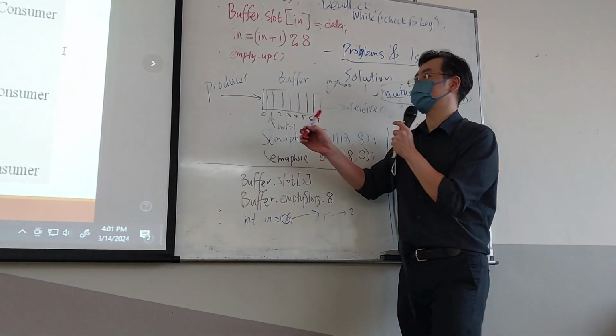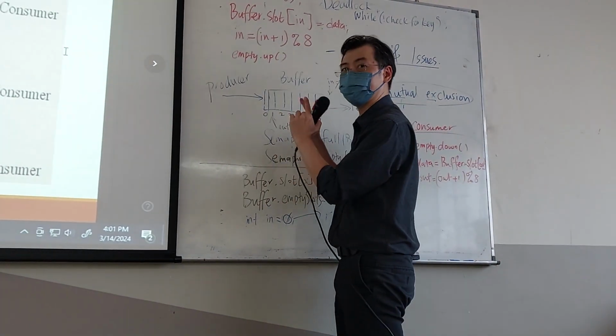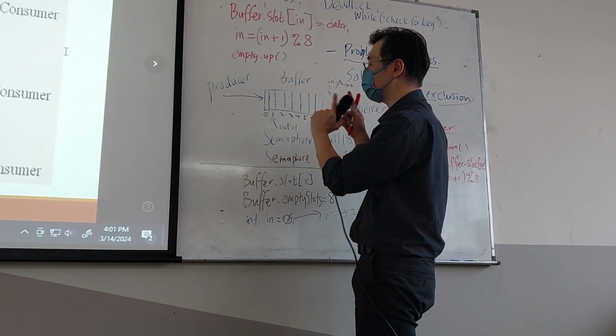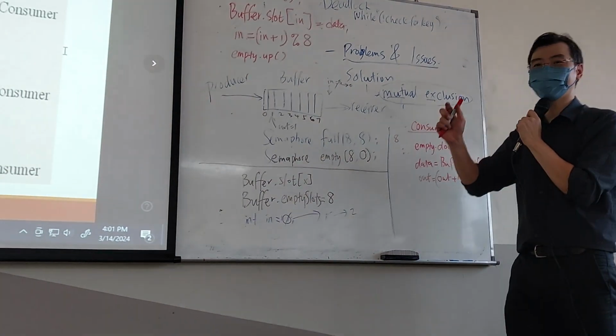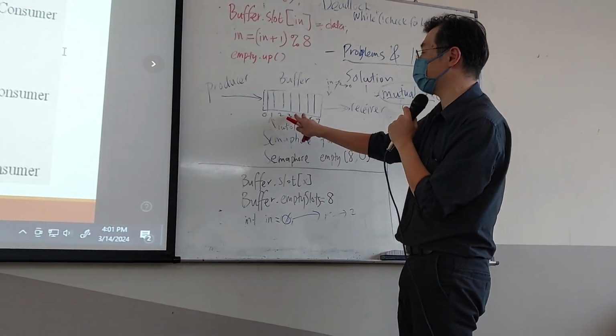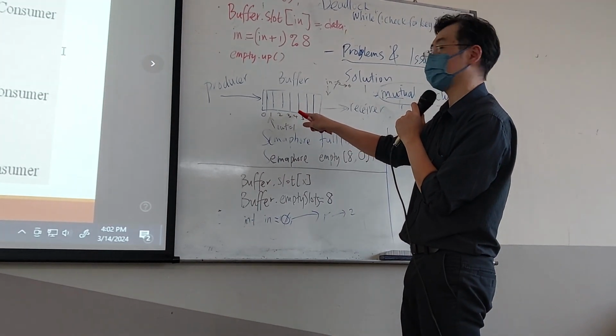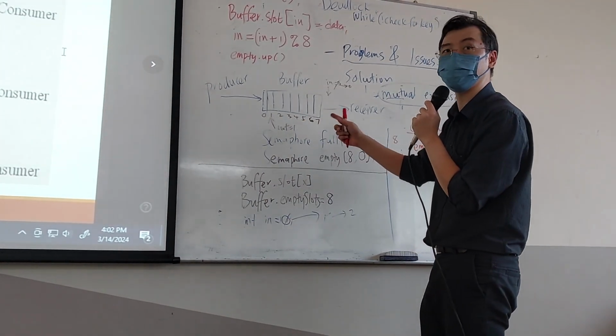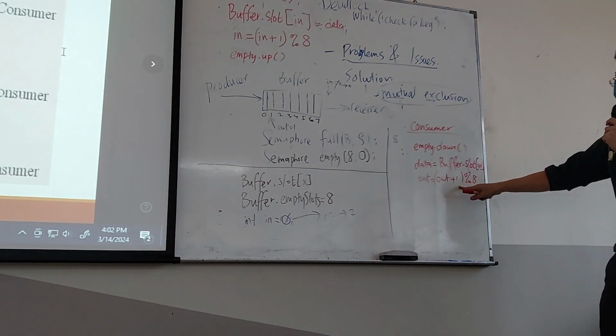So it's like the in and out are chasing one another. The out is always behind the in. So out and in are the index numbers pointing to the next slot that is empty, or the next slot that is supposed to be retrieved by the user.